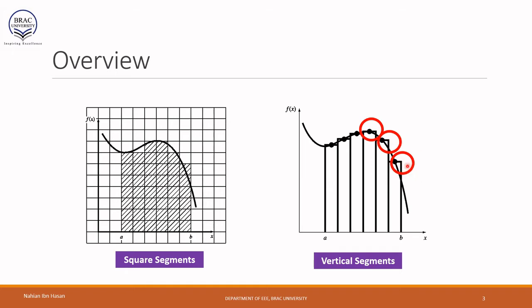That's how error terms are included in the numerical methods of integration. These over-segmented portions which are beyond the curve are actually the error of these methods. So whether we apply the trapezoidal rule, or the trapezoidal segments, or vertical rectangular segments, we will have these areas which include the error.